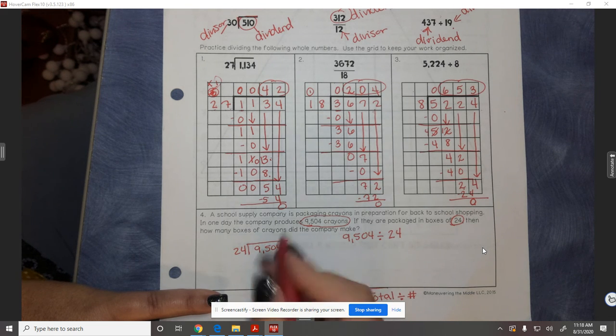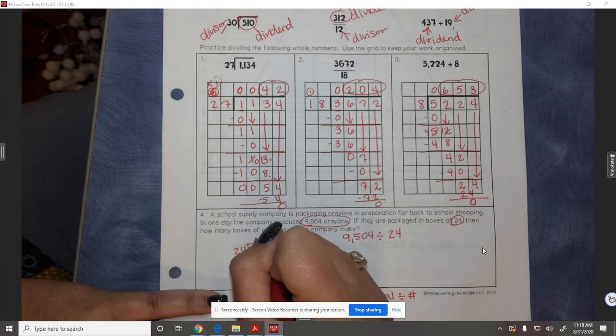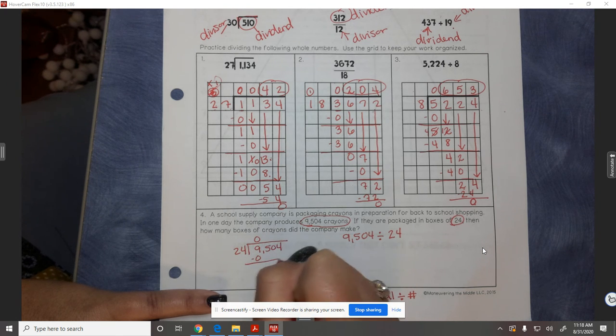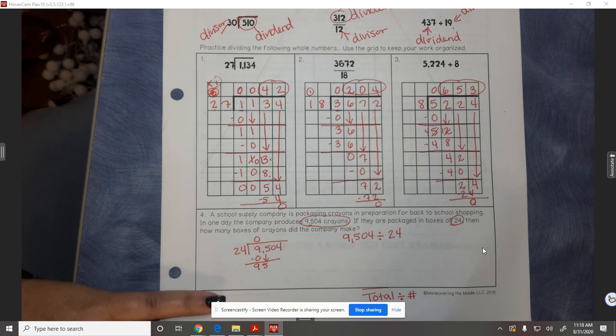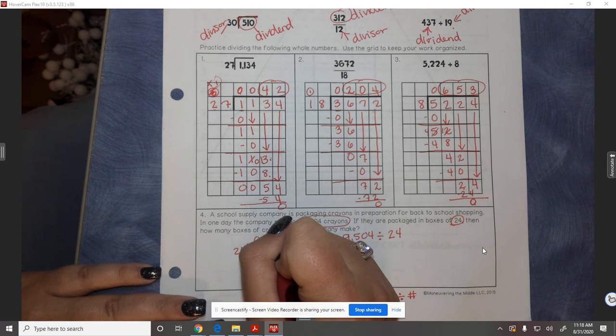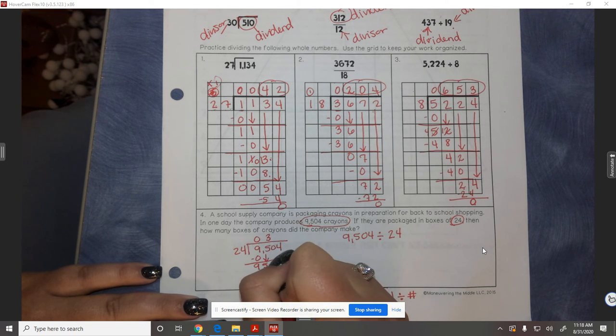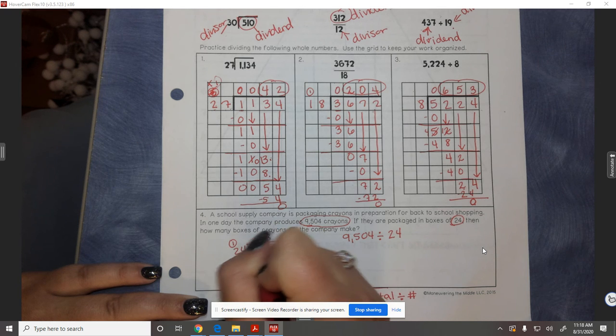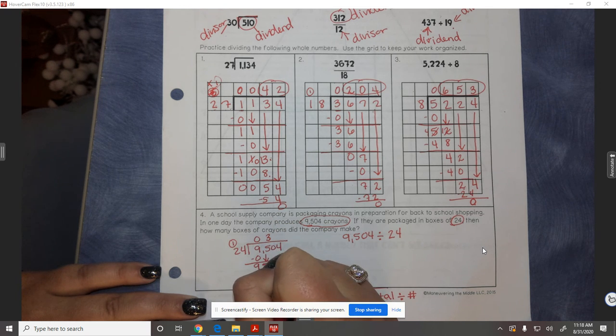So we're going to see 24 go into 9 0 times. 9, bring down the 5. 24 go into 95 about 3 times. 3 times 4 is 12. 3 times 2 is 6, plus 1 is 7.